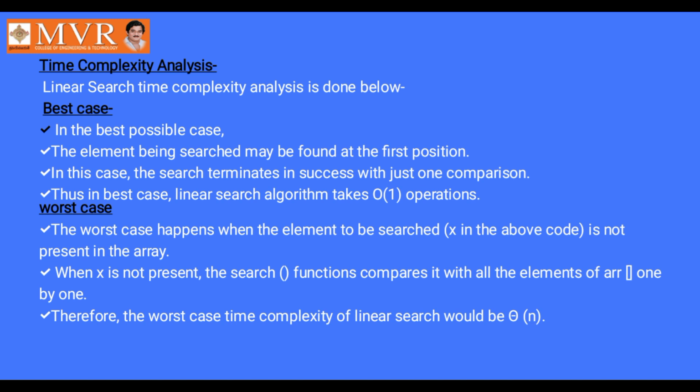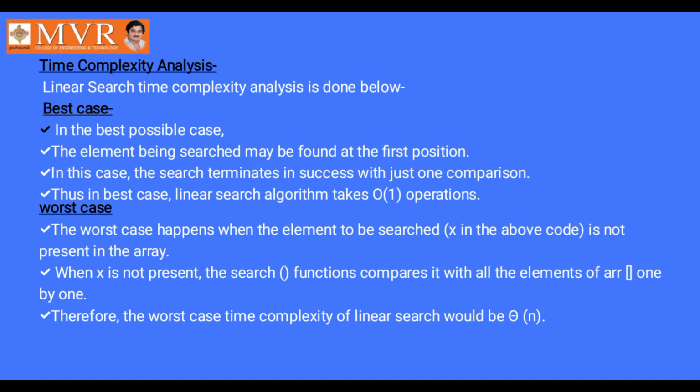If I don't find the element, or I find the element at the last position, then it is called the worst case. That is, if I don't find such an element, then I have done all this for waste only.